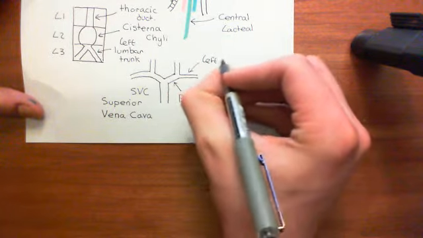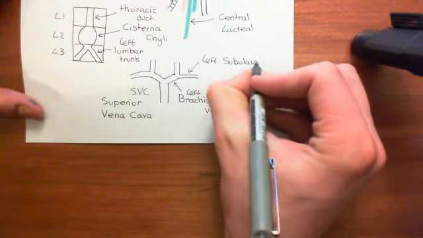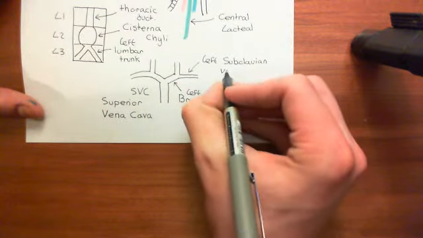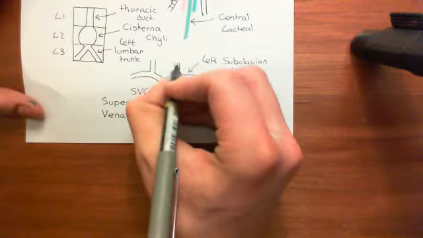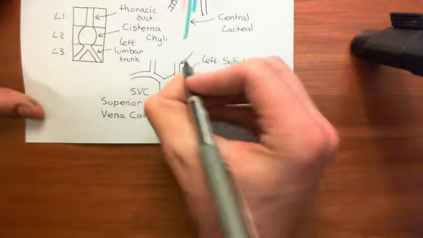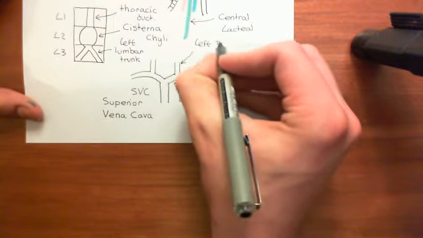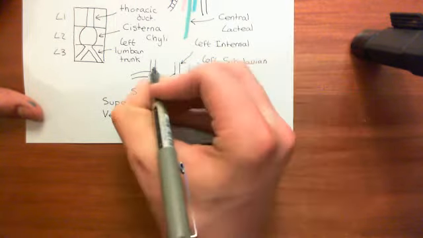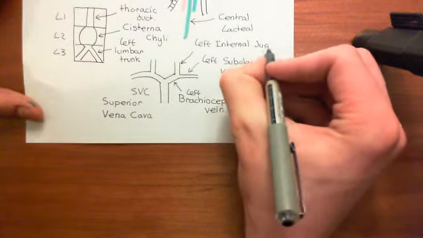This one here is the left subclavian vein, whilst this one over here is the right subclavian vein. Now this vein that comes down from the head is the internal jugular vein. On this side it is the left internal jugular vein, but of course on the opposite side you also have the mirror image, which is the right internal jugular vein.